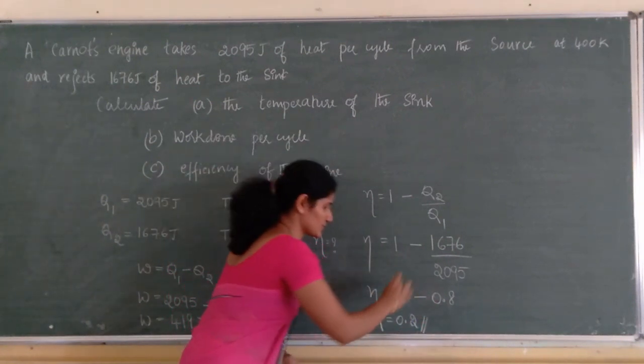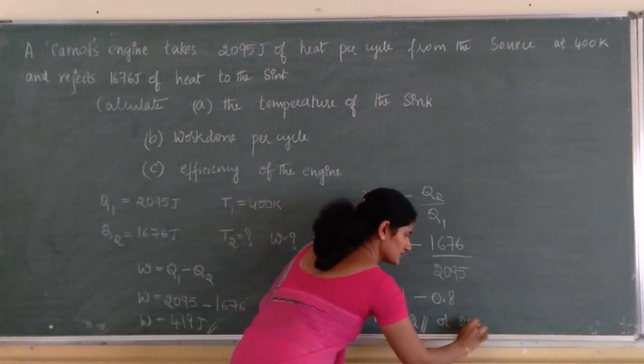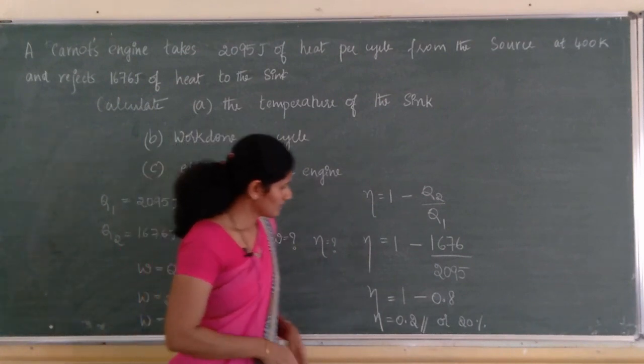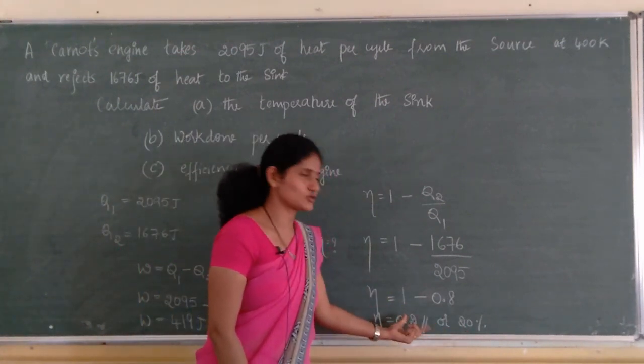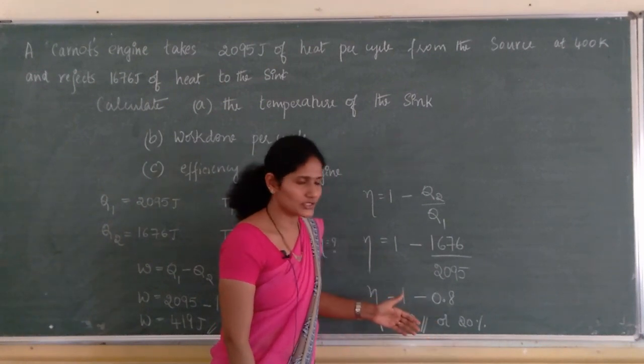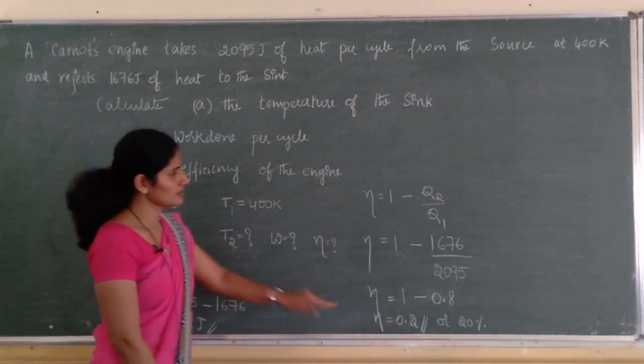So, this is the efficiency, or 20%. In terms of percentage, 0.2 is nothing but 20%. Out of 100, efficiency of the engine is only 20%. So, this is the efficiency.